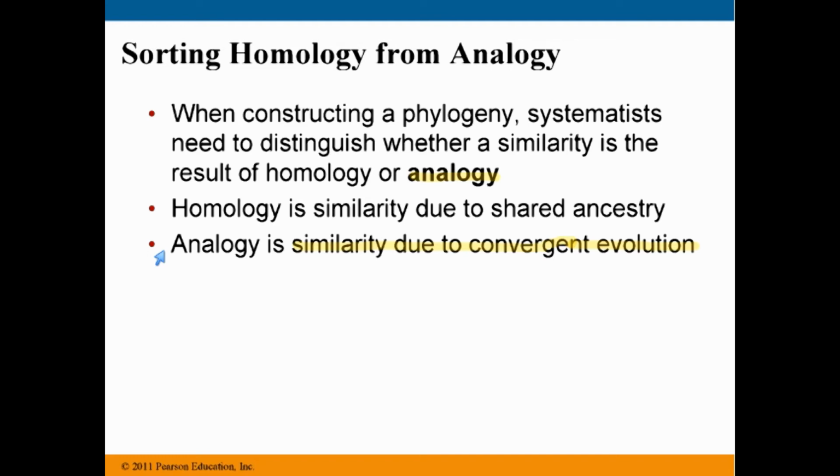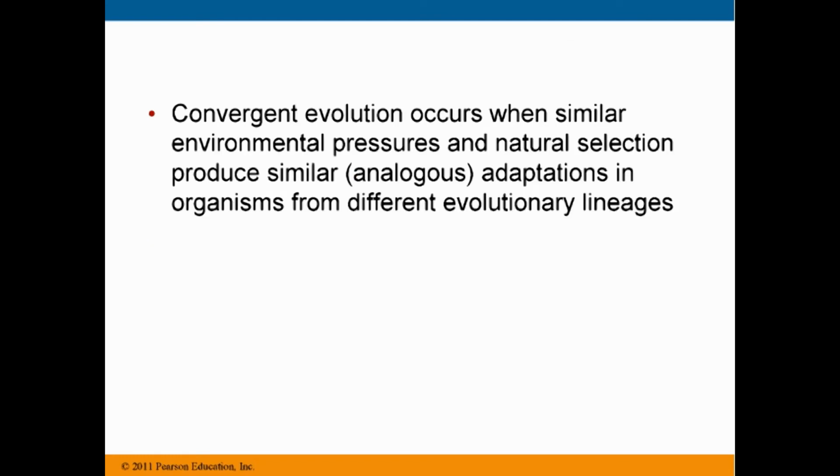morphological and even genetic evidence that have arisen separately and have shown up in organisms. So convergent evolution occurs when similar environmental pressures and natural selection produce similar adaptations in organisms from different evolutionary lineages.